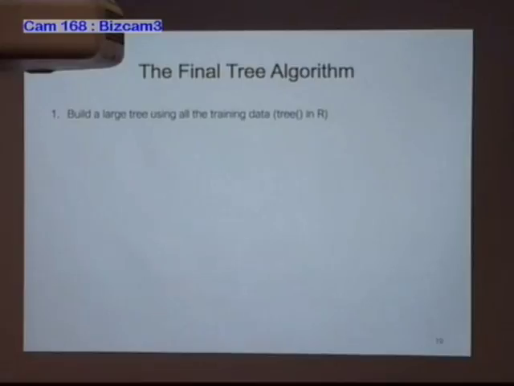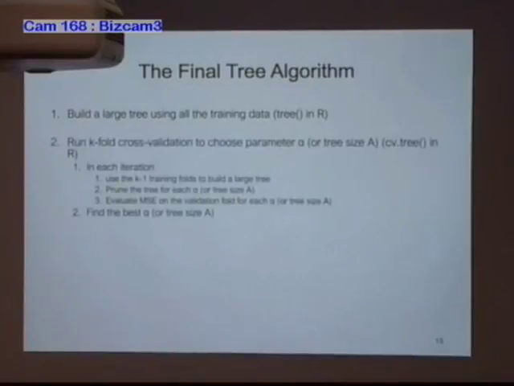And here is the final algorithm. Let me go through the algorithm, and we'll come back to the difference. So first thing, we build a big massive tree. Use the terminating condition. Right? We want to make sure that tree captures a lot of information. A little bit of overfitting is okay. Then we run the cross-validation process. This is just like the regularization. The whole point of this process is to find the best tree size.